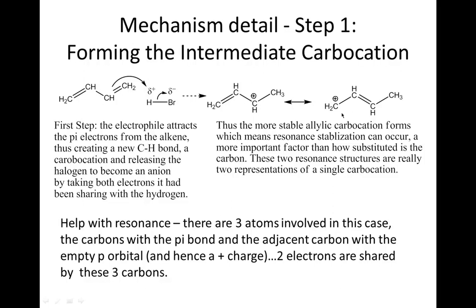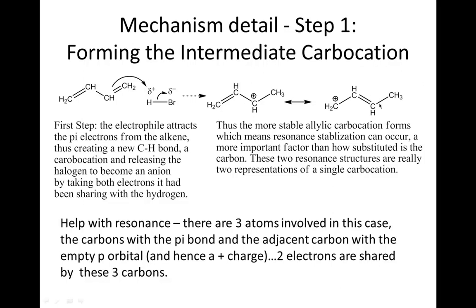Remember, the idea of resonance says that it's not really this picture or that picture. It's really a conglomerate where these three atoms are sharing these two electrons, and there's positive character at either end. The carbon in the middle is always happy. If you looked at it in the electrostatic pictures, I think blue is positive and red is negative.